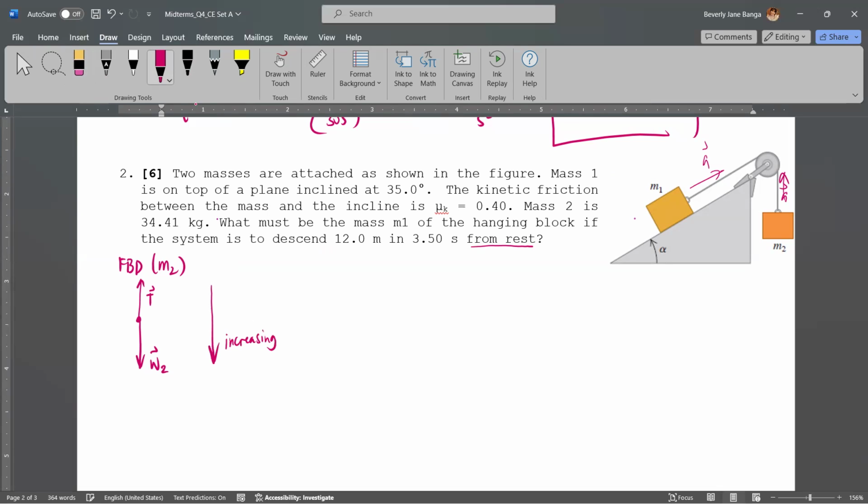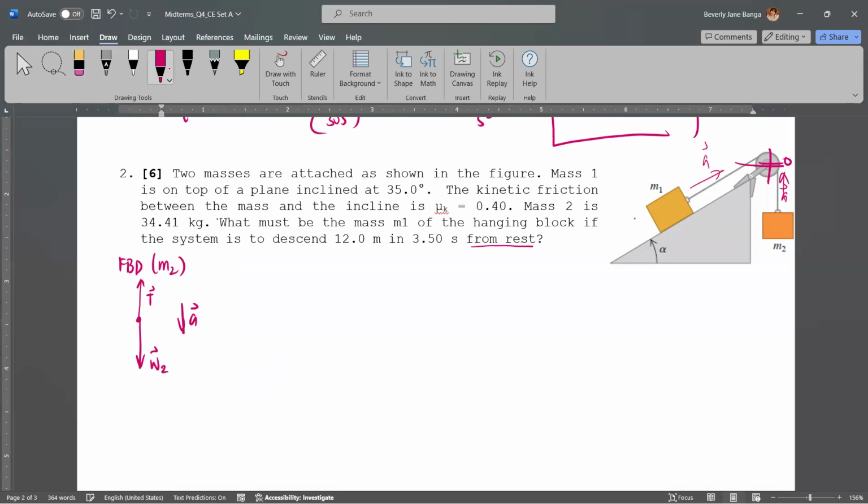Pero, it is moving where? Towards the negative direction. Kasi ito yung zero natin. And it's moving to the negative direction. So, increasing, but negatively. So, kumbaga, increasing is positive. Negative is negative. So, positive times negative, you have negative acceleration. And so, the direction of our acceleration is simply pababa.